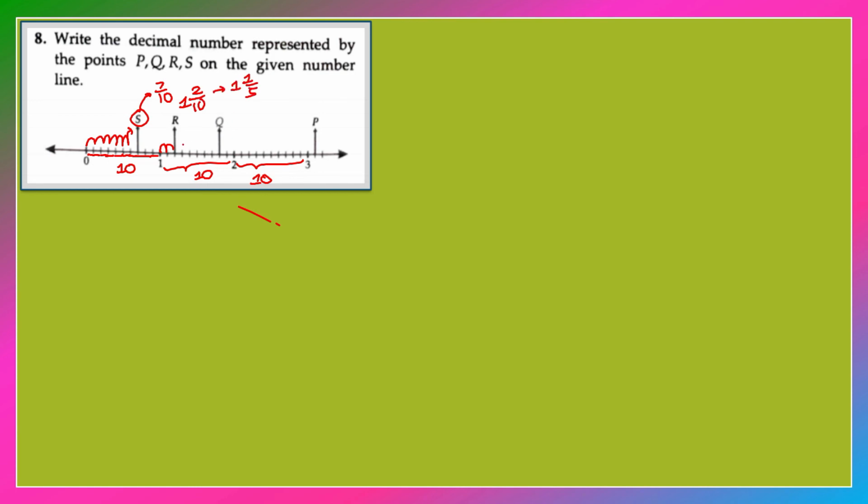Now for the Q part, we have 3, 4, 5, 6, 7, 8. So Q would be 1 8 upon 10 or 1 4 upon 5. Okay friends. And now for P, as you can see, it is 1 piece more. That is, it is greater than 3 and less than 4, and it is 1 step more. It means 3 1 upon 10. So like this we have marked.